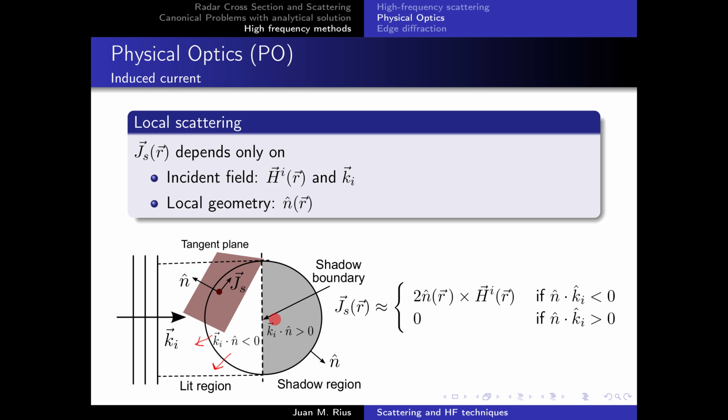On the contrary, in the shadow region, this is the unit normal and this is the incidence direction. So in the shadow region, the dot product between the unit normal and the direction of incidence is positive because they point to the same half space. Both point to the right or both point to the left.